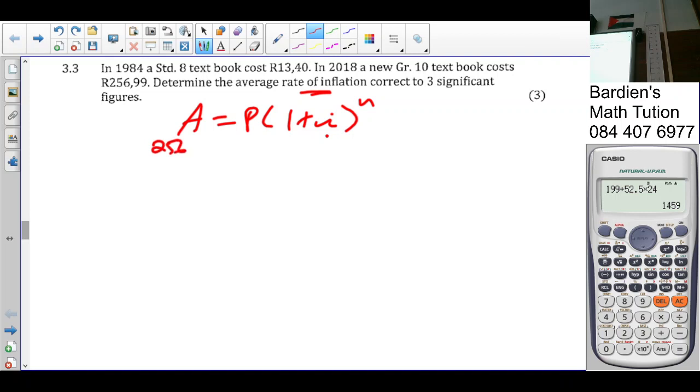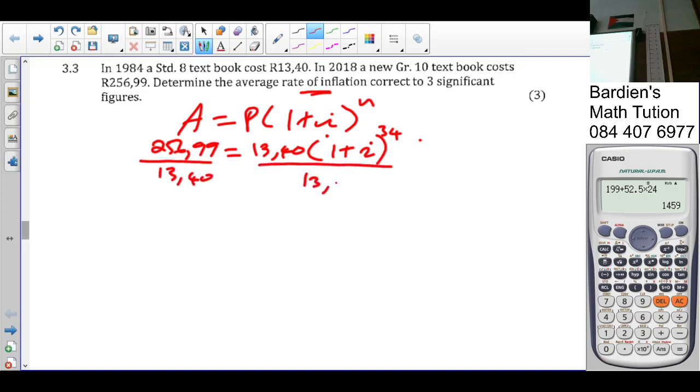So it's 256.99 equals 13 Rand 40 cents into (1 plus i), with the exponent 34. So what do I do first? Divide by 13.40. So it will be 256.99 over 13.40 equals (1 plus i) to the exponent 34.